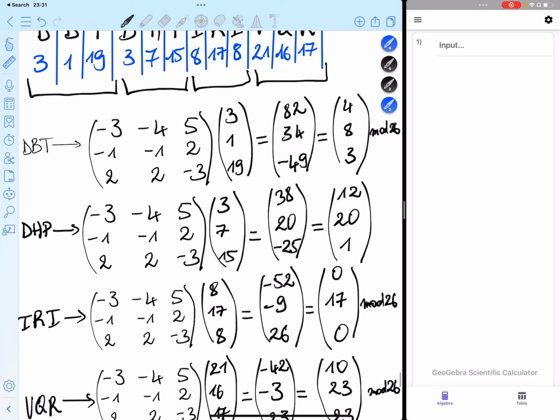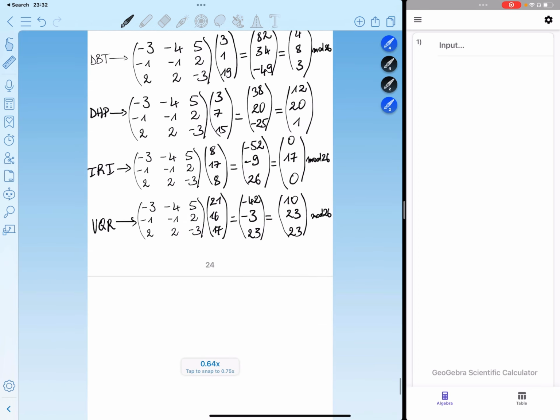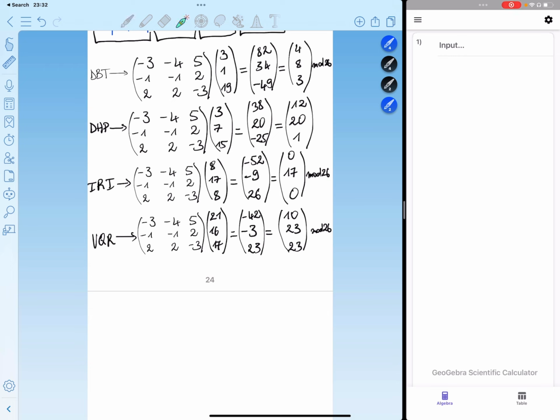Now I have all the numbers I need for the decryption. So I'm gonna write it down horizontally. 4, 8, 3.